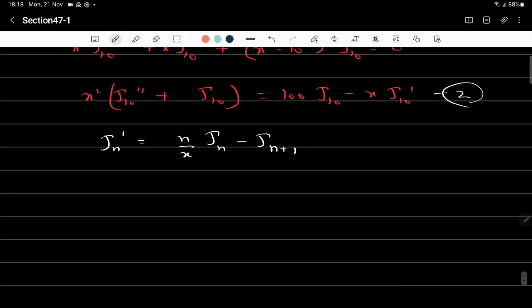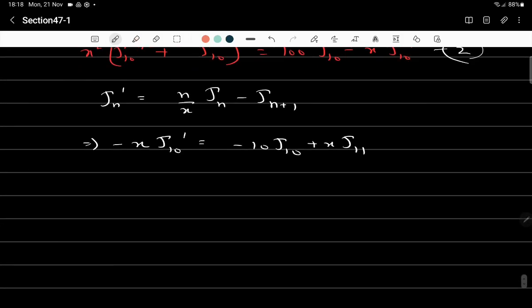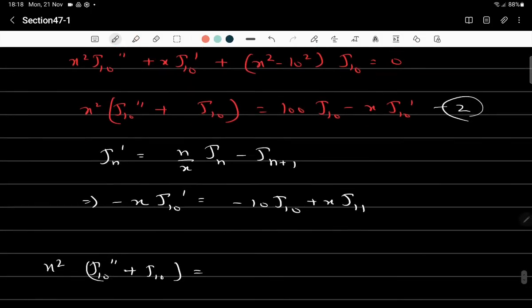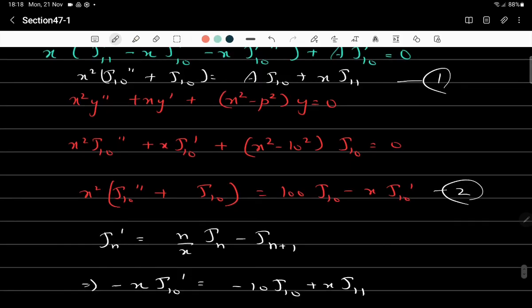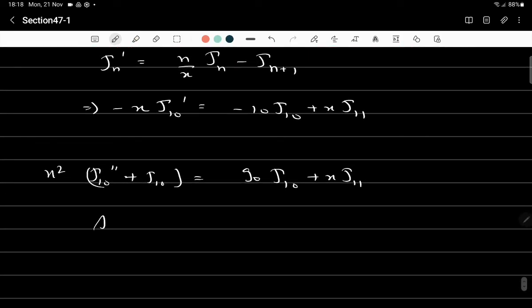I need minus x J10 dash, so I can take minus x J10 dash is minus 10 J10 plus x J11. Now if I substitute the values into equation 2 and simplify, then it becomes 90 J10 plus x J11. Now if I compare it with equation 1, then your a is 90, which is the required answer.